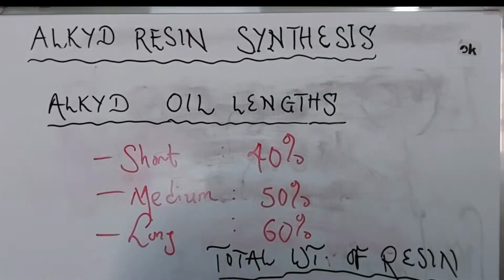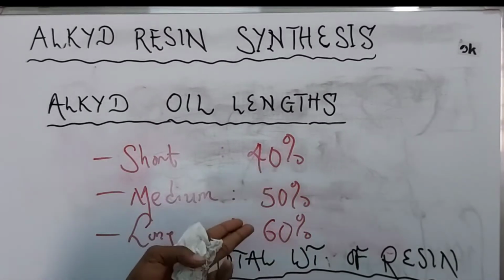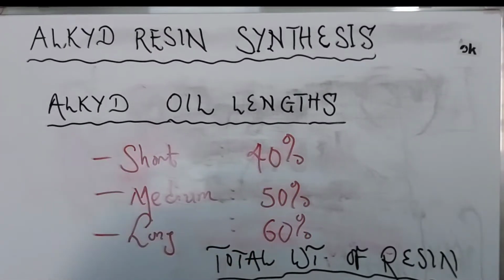So from here, we need to determine how much of the oil we're going to weigh for a 300 gram resin alkyd synthesis. Now we can easily start by calculating that.